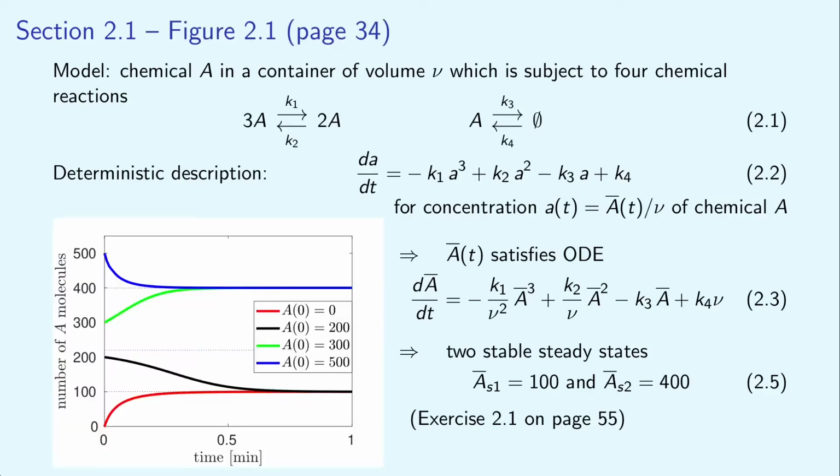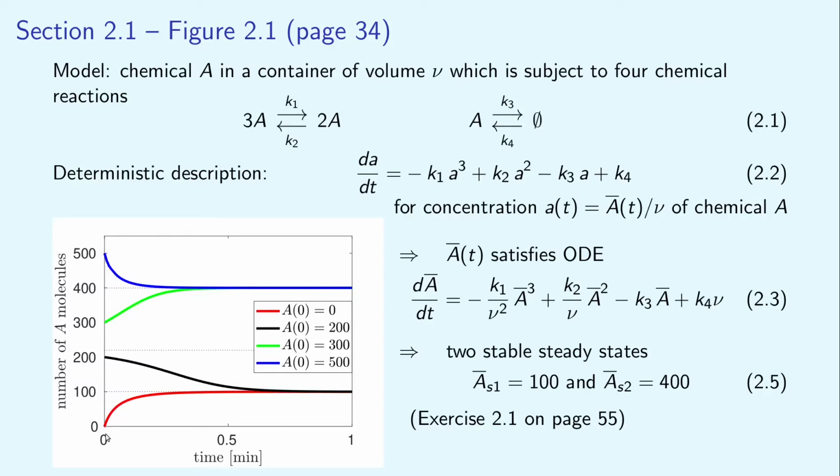In particular, the long-time behavior of solutions to this ODE will depend on the corresponding initial condition. Choosing 4 different initial conditions, I plotted the corresponding solutions in Figure 2.1 on page 34.